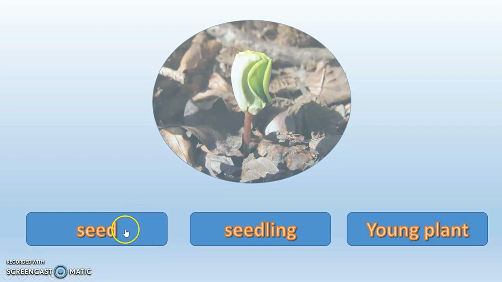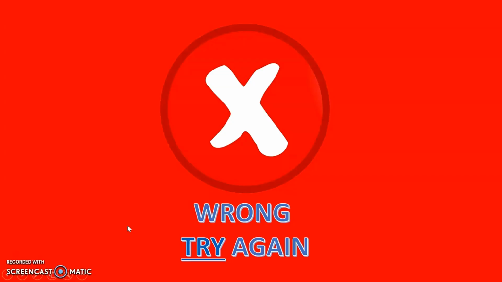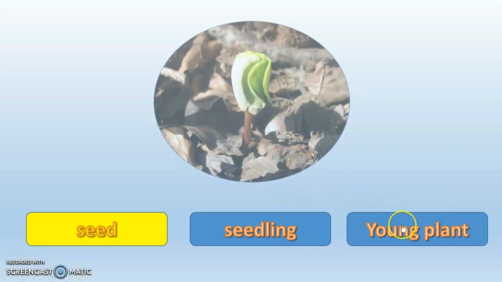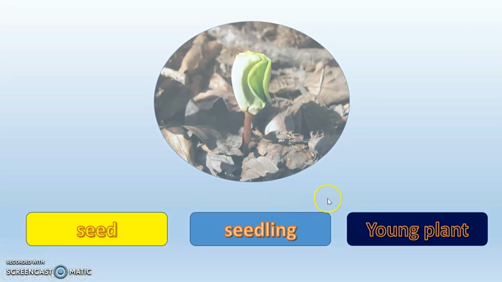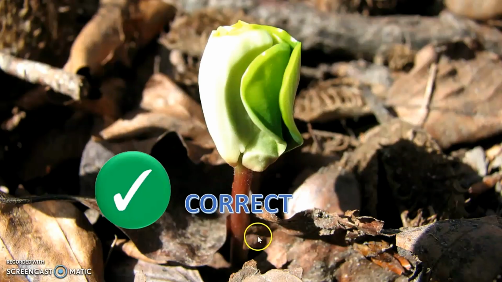If your answer is seed, let's try to check. 1, 2, 3. Oops, wrong. Next, if your answer is young plant, let's try to see. It's wrong again. So, the best answer here is seedling. Okay, this is a seedling.